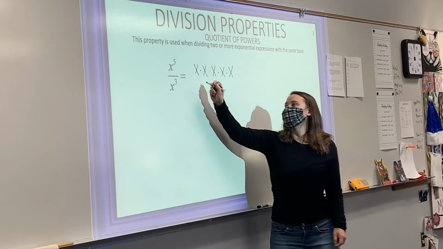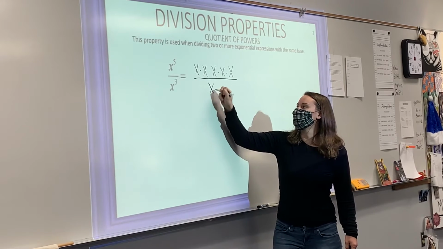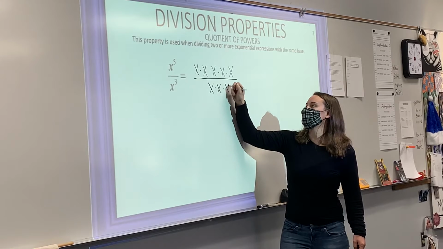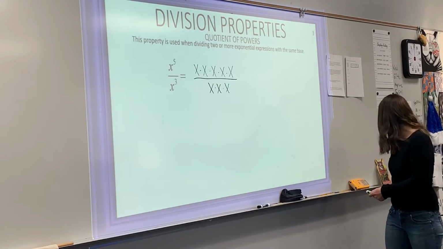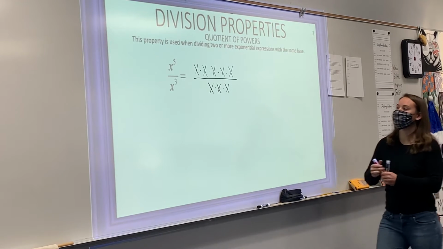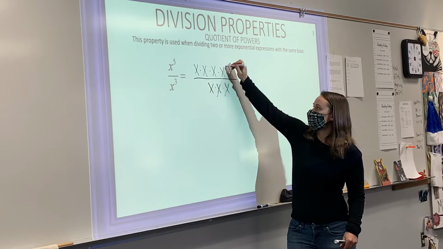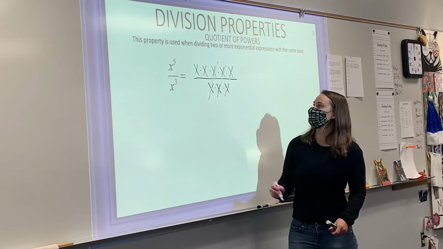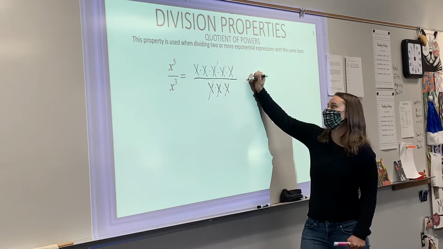And I know that x cubed is an x times an x times an x. So I can always cancel out common terms. So for example, here I cancel out those x's, these x's, and these x's. And I'm left with x times x, which we know is x squared.